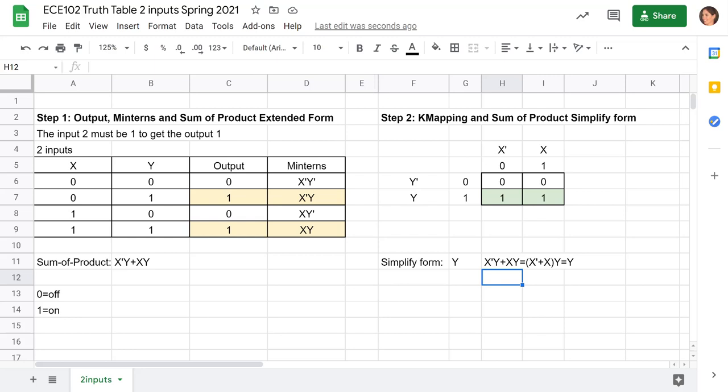That's why before designing the logic circuit and the electrical circuit, we need to find the simplified form to simplify as much as possible. Again, the sum of product and your simplified form will be different for each of you. Remember that you can group two ones that are next to each other. So those two 1s, or those two 1s, or those two 1s. If you have all 4 of them, you will just have XY.